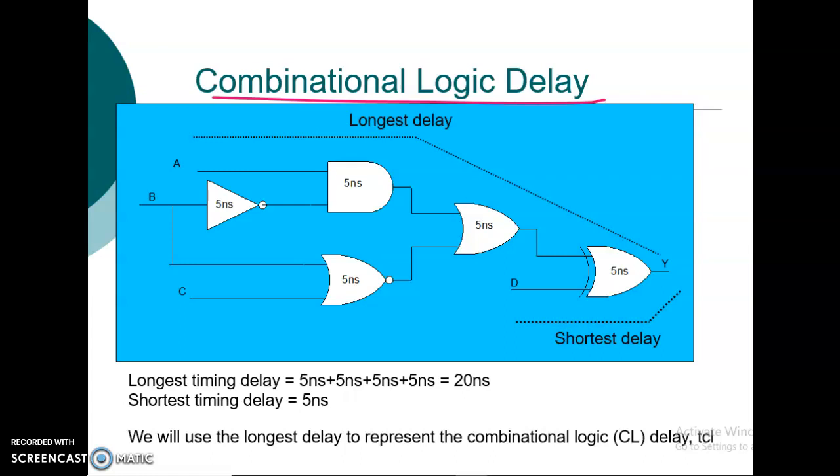The shortest delay is this part only. The longest delay is this part.